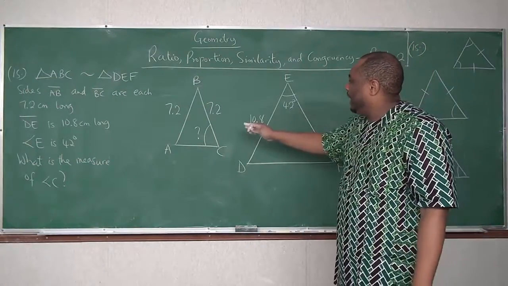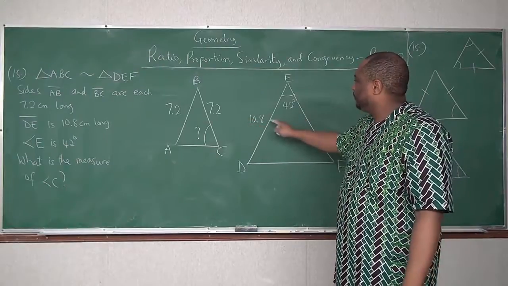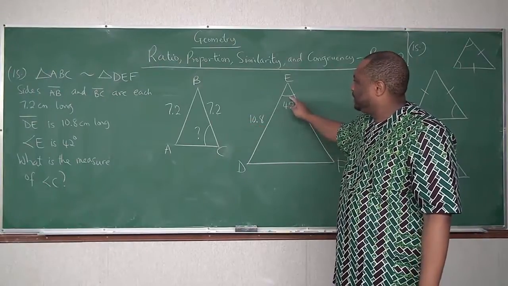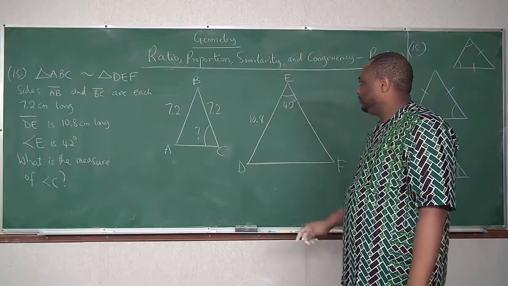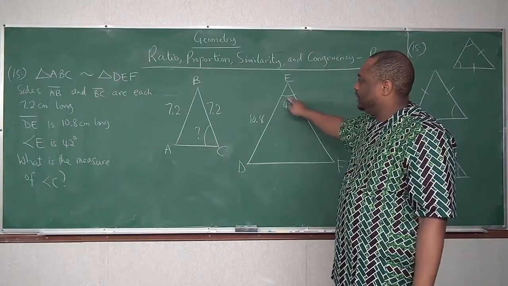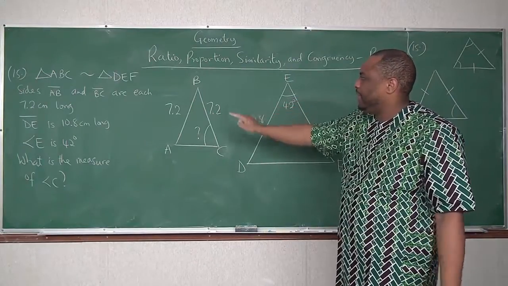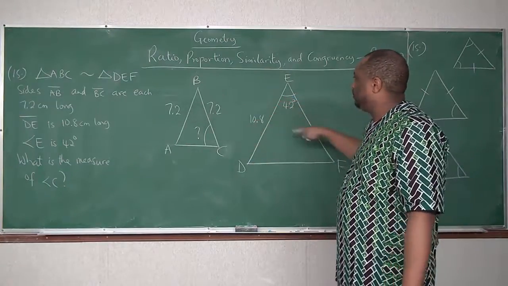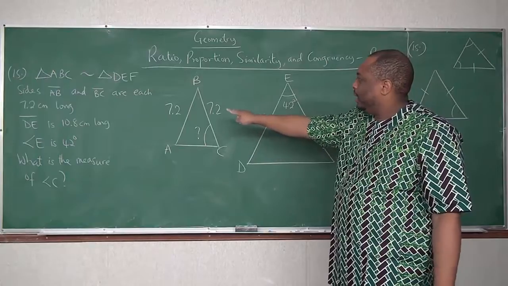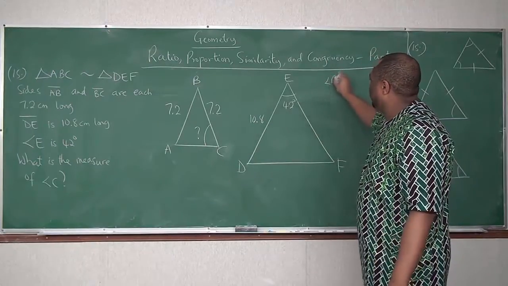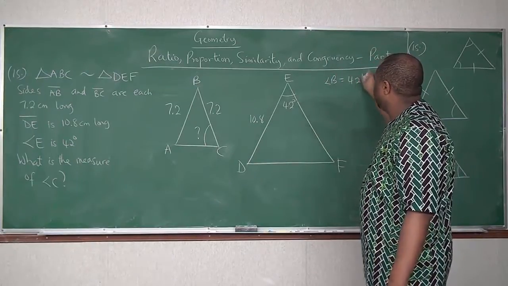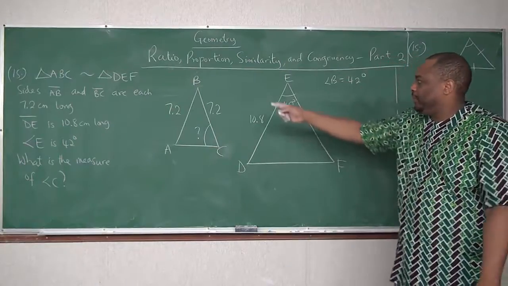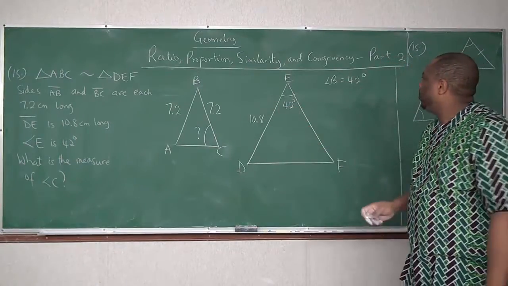You see here that this is 42 degrees, right? And because ABC is similar to DEF, angle B is also 42 degrees.